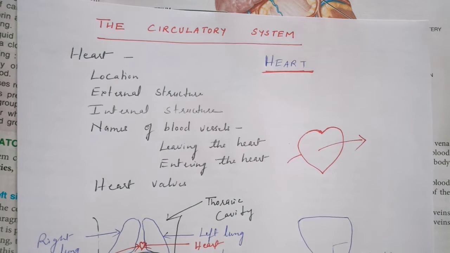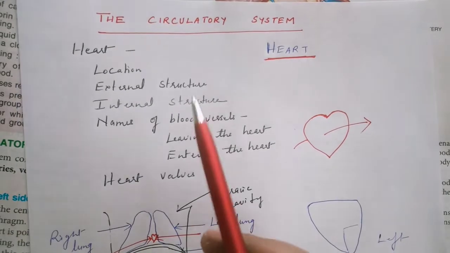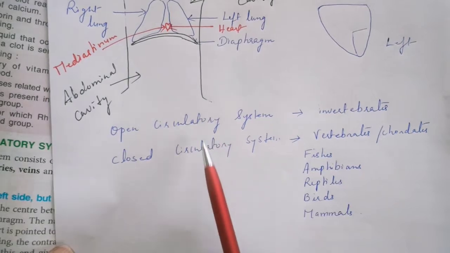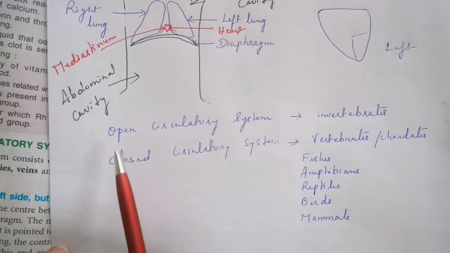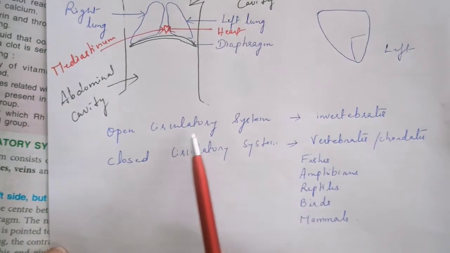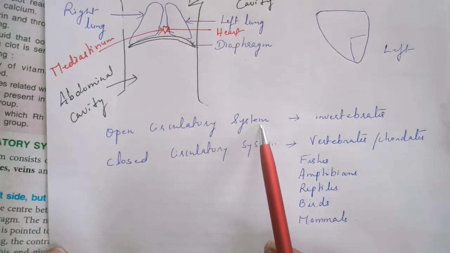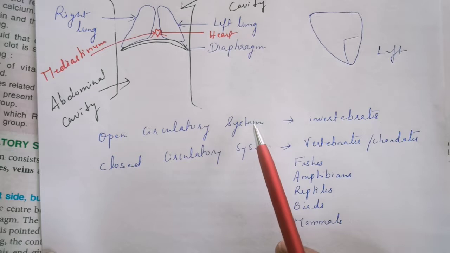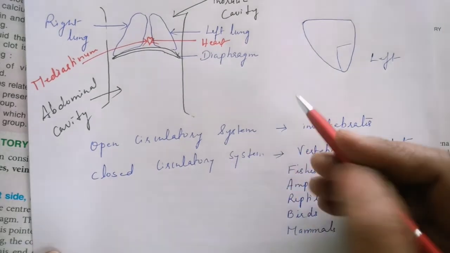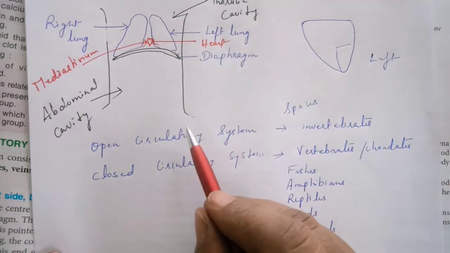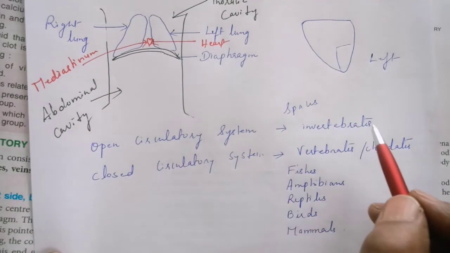At this point, I would also like to say that the circulatory system is usually of two types found in the animal kingdom. One type is known as the open circulatory system, where the blood vessels are lacking and the blood of these animals flows through the empty spaces present inside their bodies, and this is found in the invertebrates.